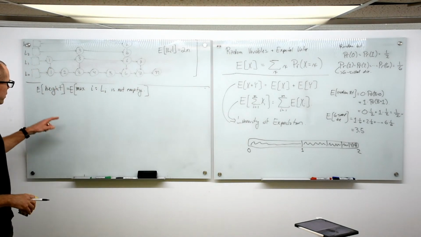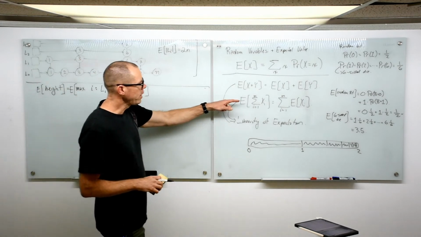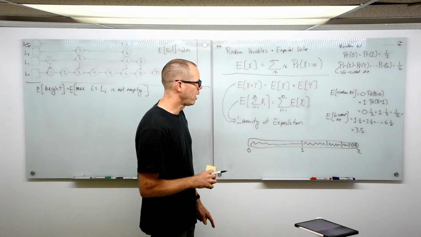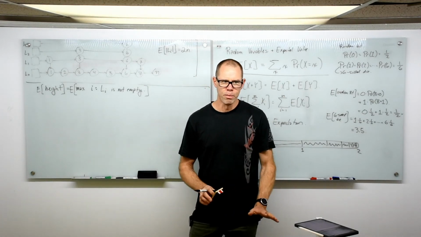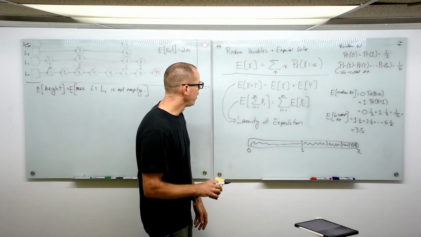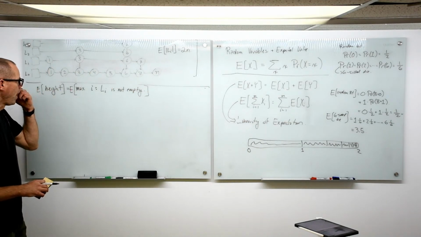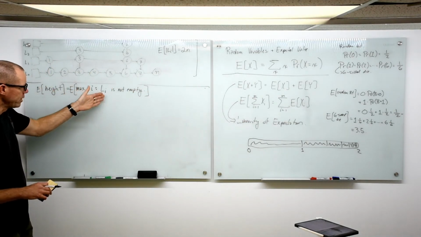Okay. And that's going to be the expected value of this thing. But we have a nice linearity of expectation that we get to use for sums, but the expected value of a max, there's no nice formula for that. There's just no way to easily break this down.